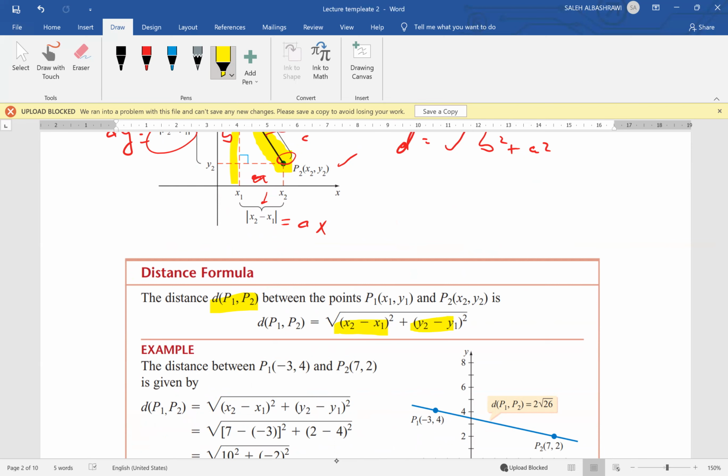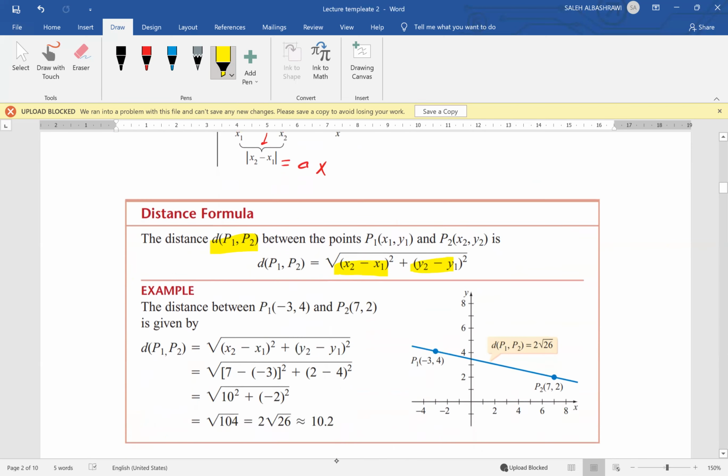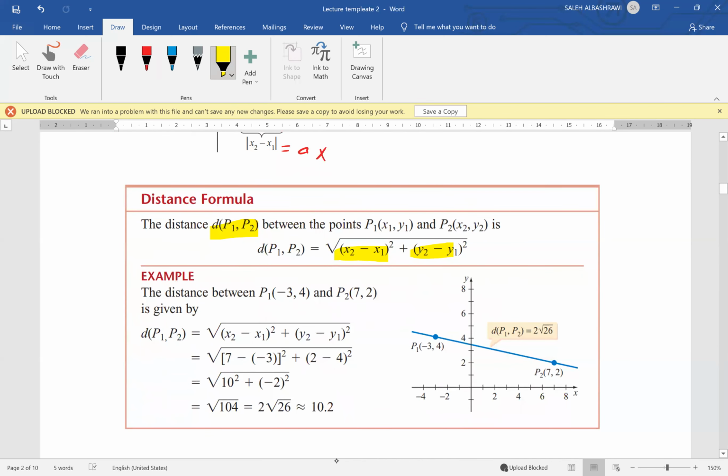For example, if we are given these 2 points, B1 is minus 3, 4. B2 is 7 and 2. The distance is given by x2 minus x1, y2 minus y1 square. If we say this is x1, y1, x2, y2, then I will have 7 minus 3 square plus 2 minus 4 all to power 2.